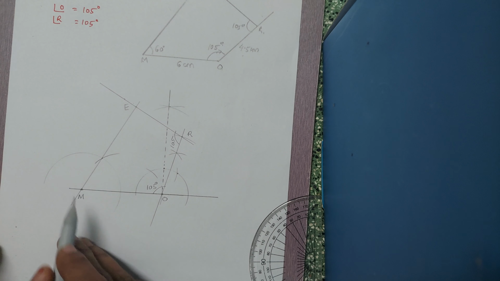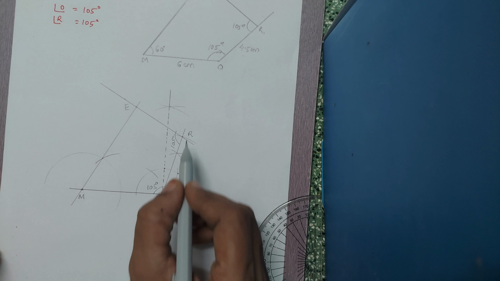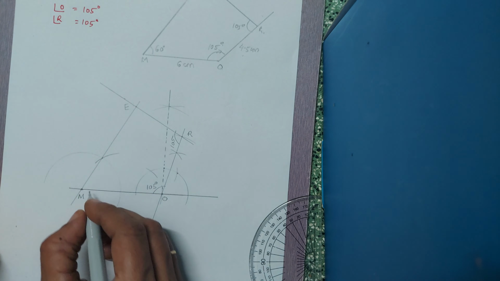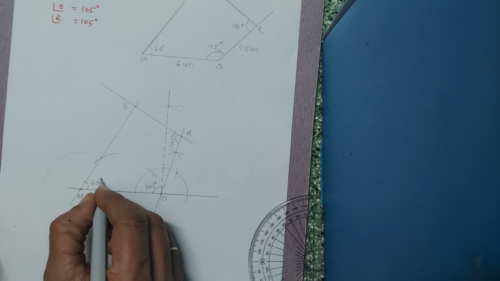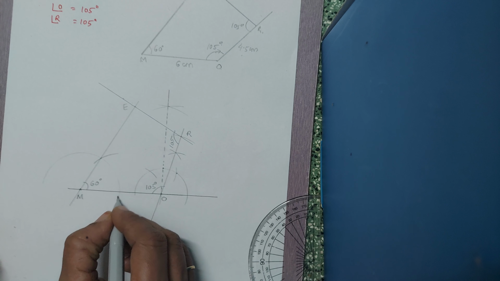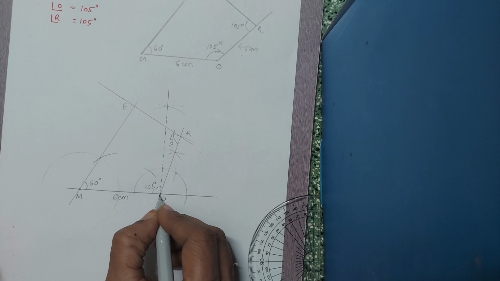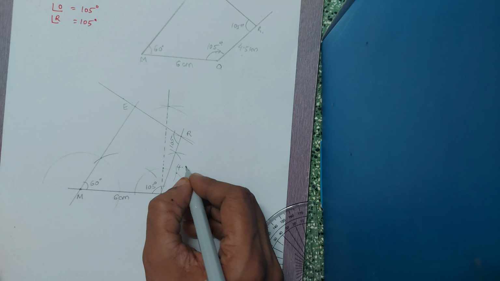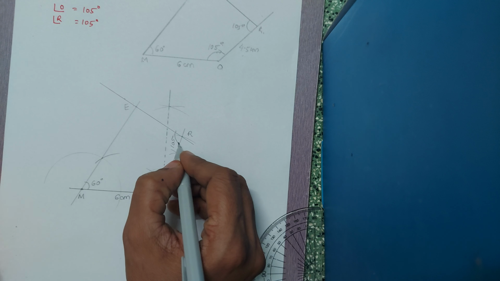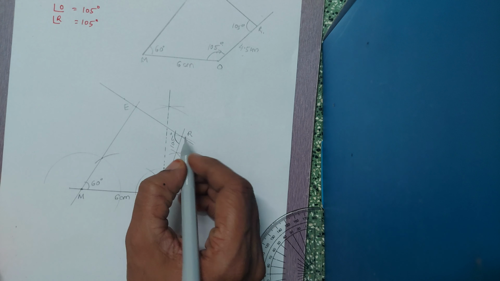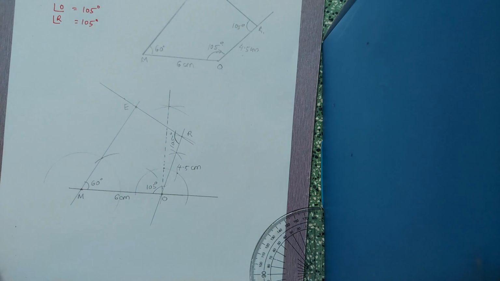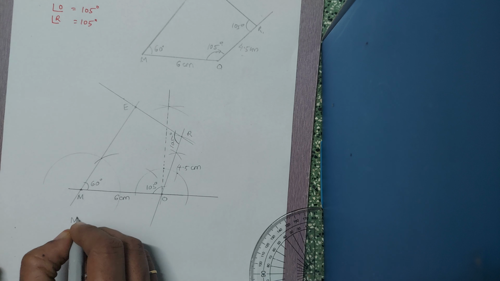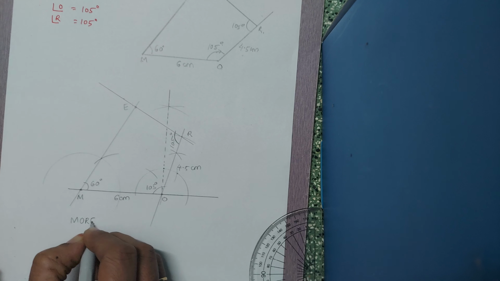So now we have MORE. Angle M is 60 degrees and MO is 6 centimeters. Angle O is 105 degrees. OR is 4.5 centimeters. Angle R is 105 degrees and it cuts at E. So the required quadrilateral is MORE.